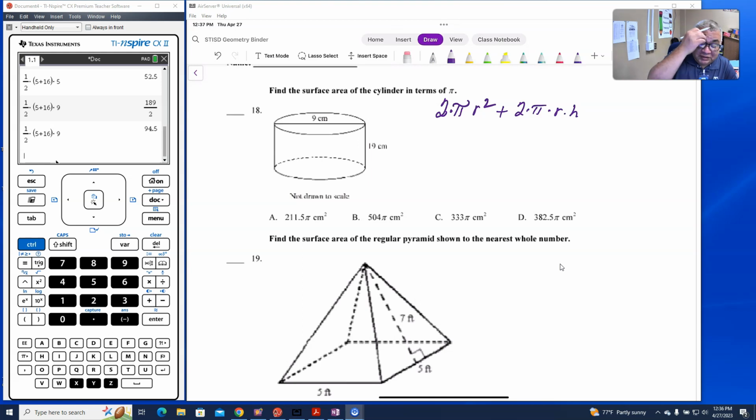Now, h is 19 centimeters. So the height is 19 centimeters, but the radius, you got to be careful, is 9 centimeters, so it's going to have to be 4.5. So we have 2 times pi, and then we have 4.5 squared plus 2 times pi times 4.5 times 19 centimeters.